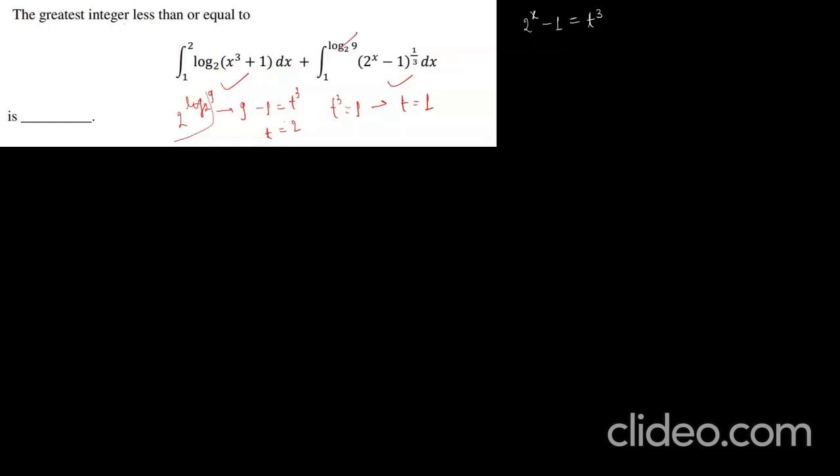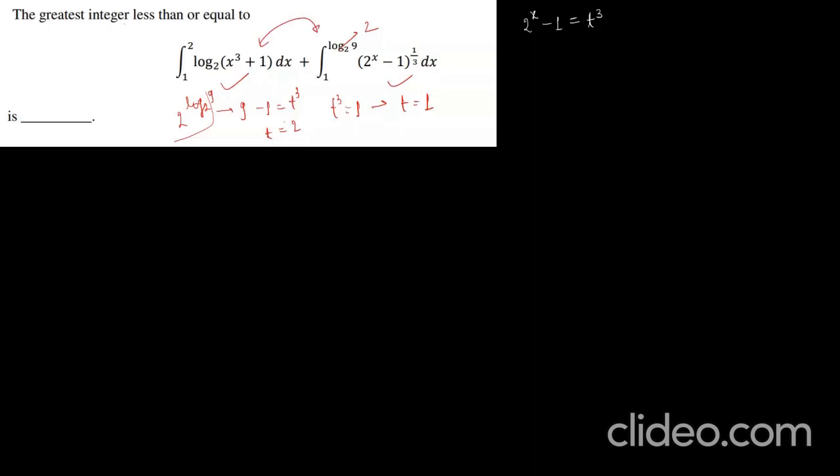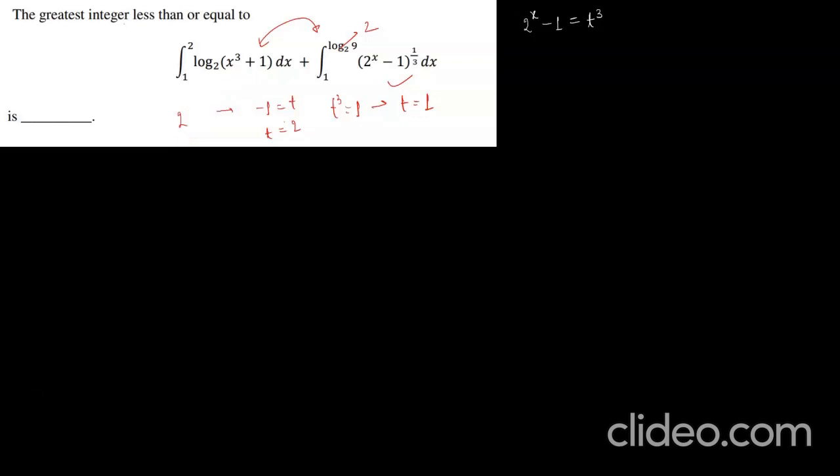So these limits tend to 2, and this is 1. So this will help me to merge both these integrals. This was an explanatory part.